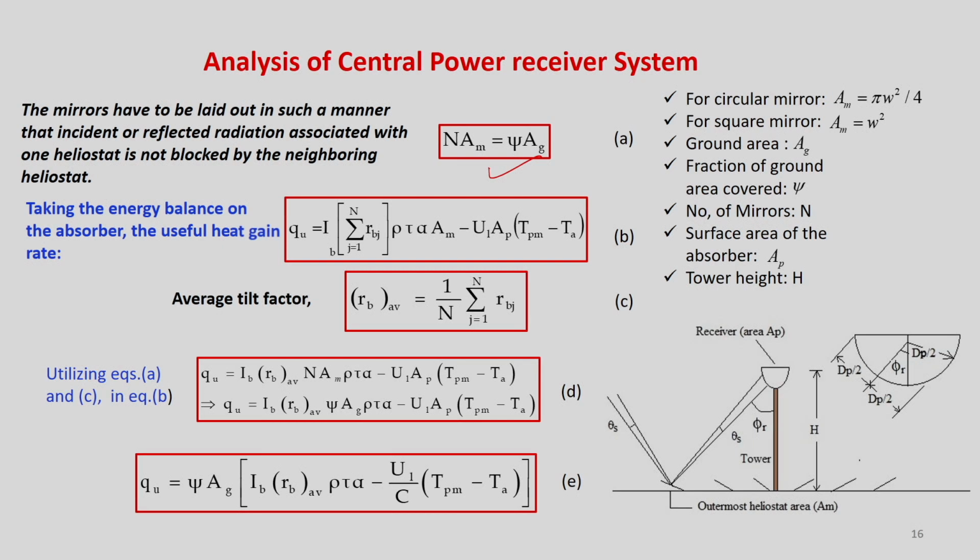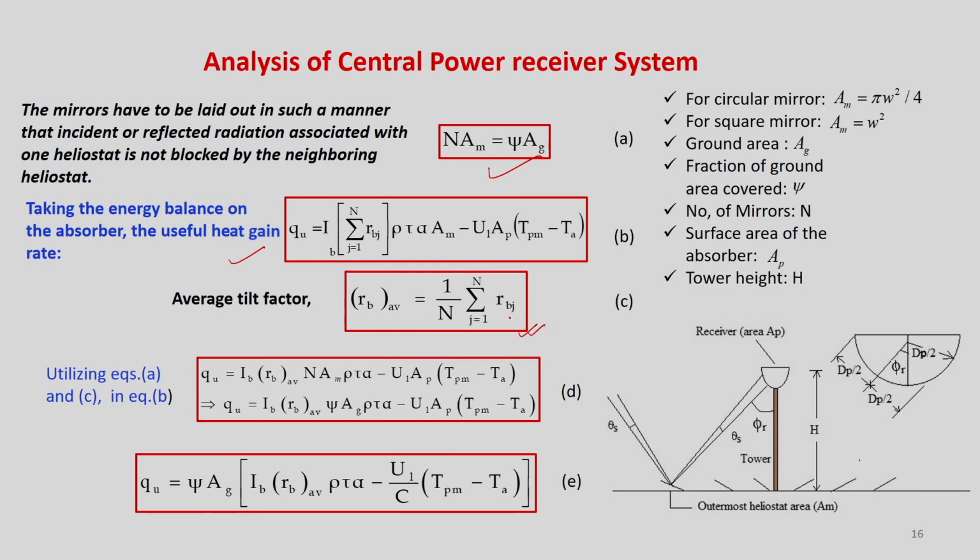Now, if we are interested in developing the energy balance on the absorber, then we need to develop this kind of expression. We want the useful heat gain Q, which is the amount of energy received by the receiver minus losses. The summation of j equal to 1 to n of R_b,j is nothing but the average tilt factor.